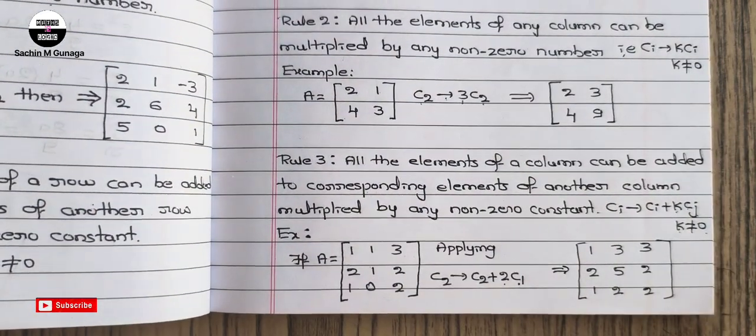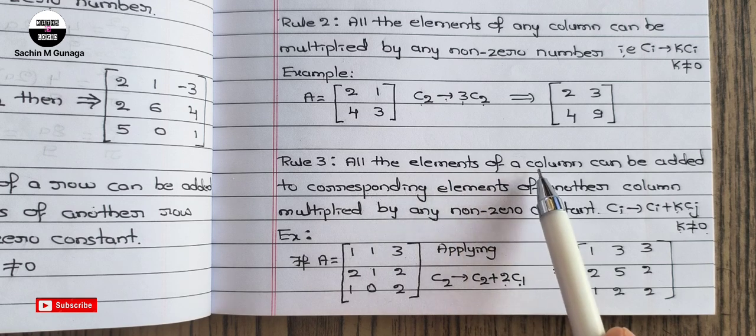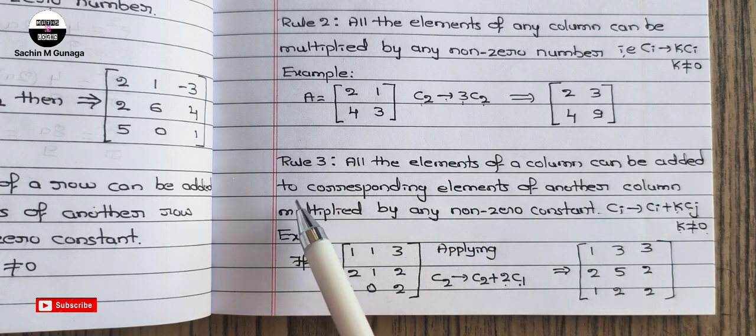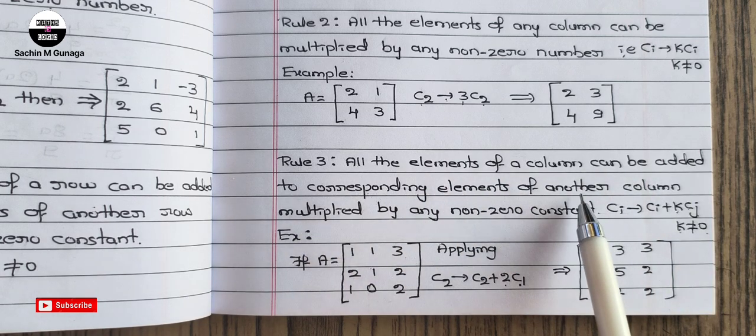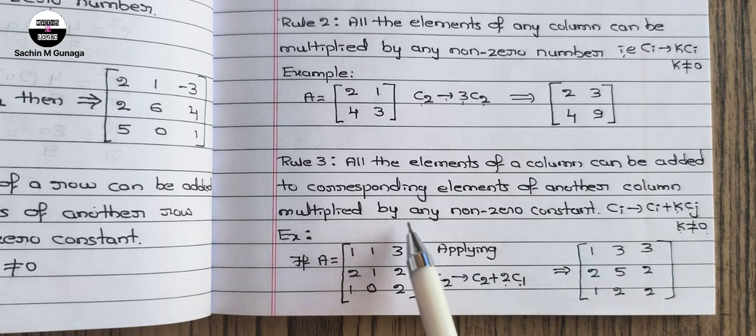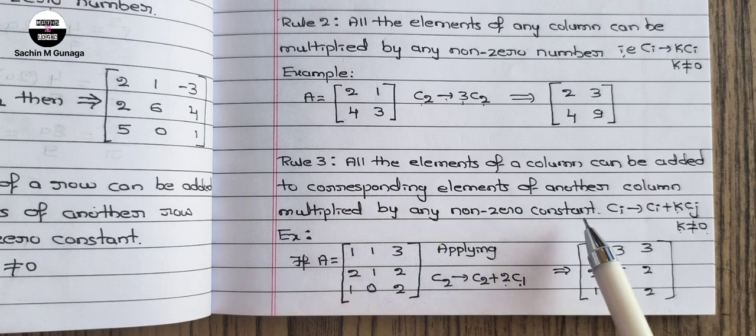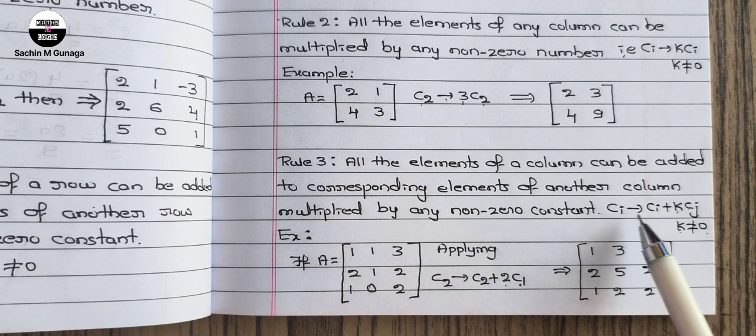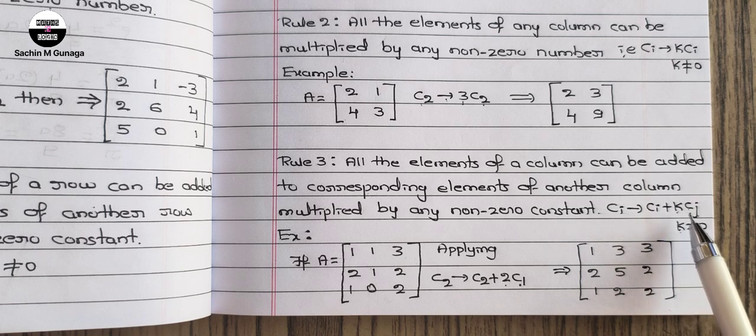Next, rule number 3. All the elements of a column can be added to corresponding elements of another column, multiplied by any non-zero constant. That is, Ci changes to Ci plus Kcj, where K should not be 0.